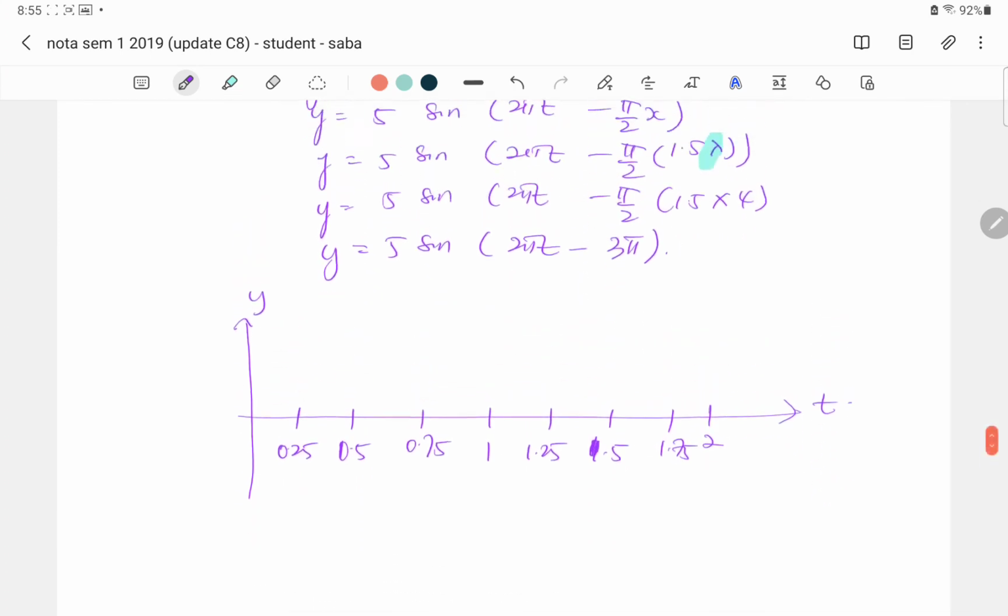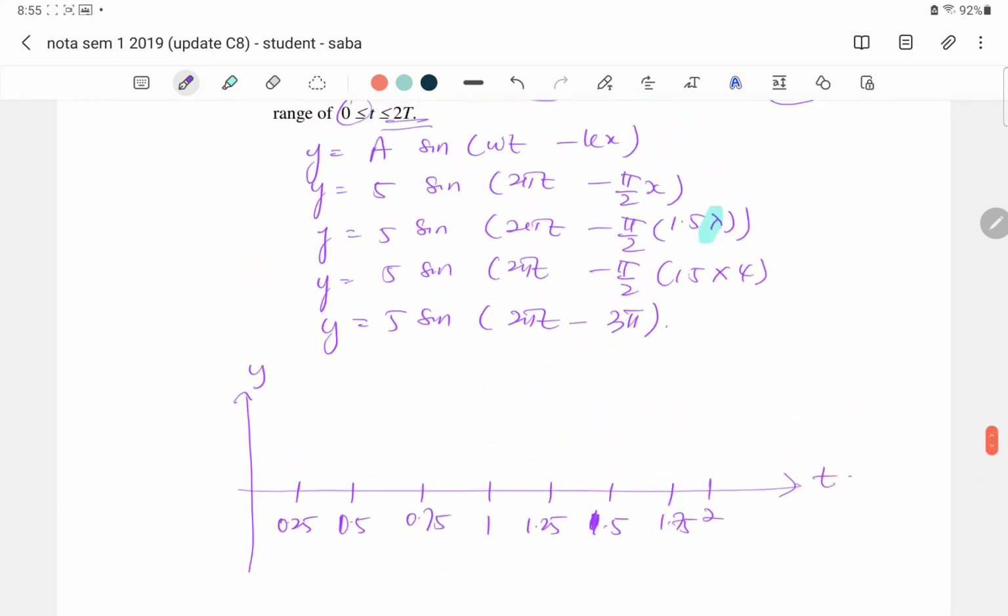Okay, so kita buat table. Draw a table for t and y: 0, 0.25, 0.5 and 0.75. Okay, so kita tengok.